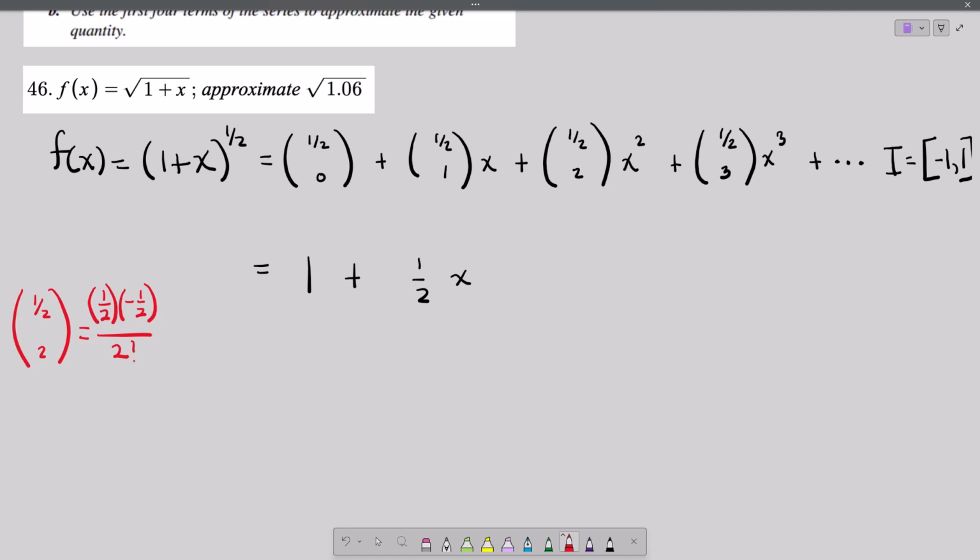But we are done already because this is just a 2. So if that's a 2, we stop after we have 2 factors. So we're done. So this is going to be negative 1/4 in the numerator divided by 2, which is negative 1/8. So that is what's going to go here. Negative 1/8 times x squared.